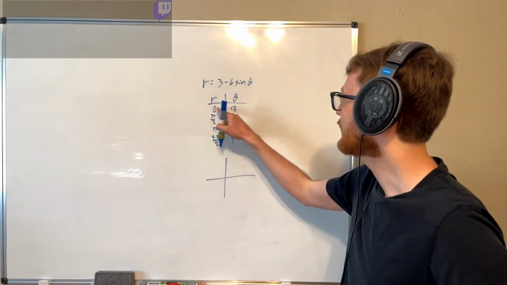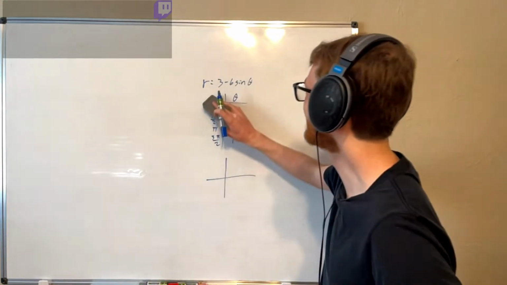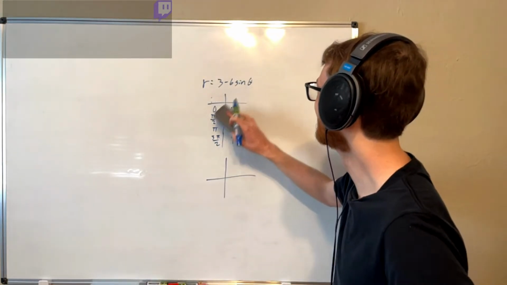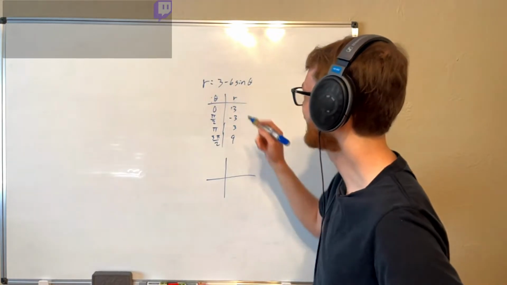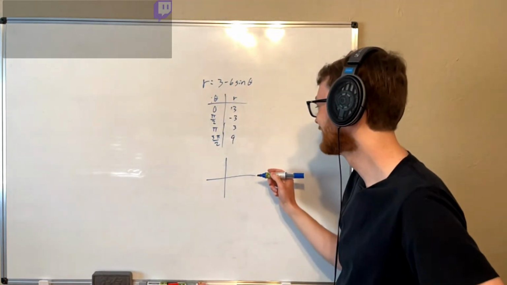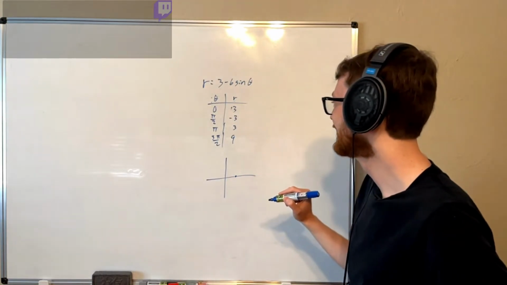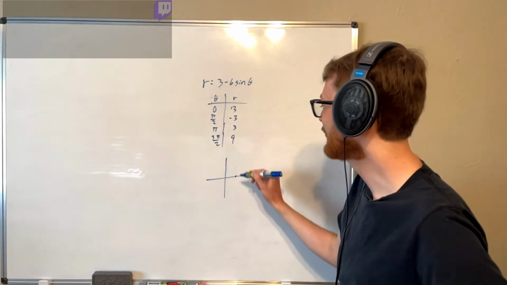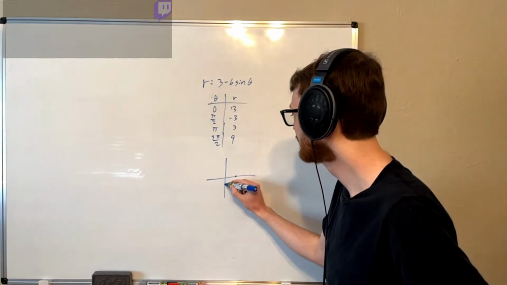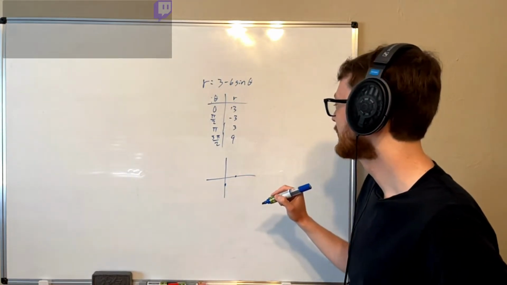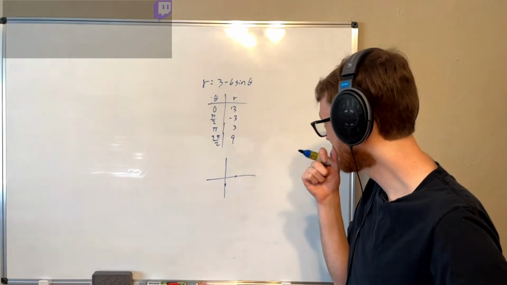Sorry, I reversed my r and theta tables. I was getting confused. Okay, when theta is 0, r is 3. So we're somewhere out there. When theta is pi over 2, we get negative 3, so we come down. When theta is pi, we get positive 3.